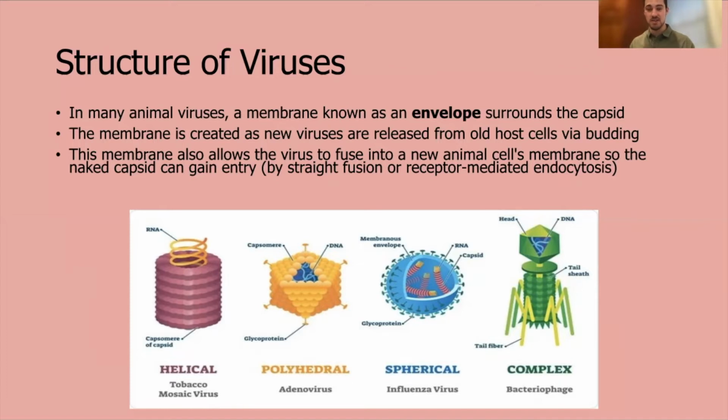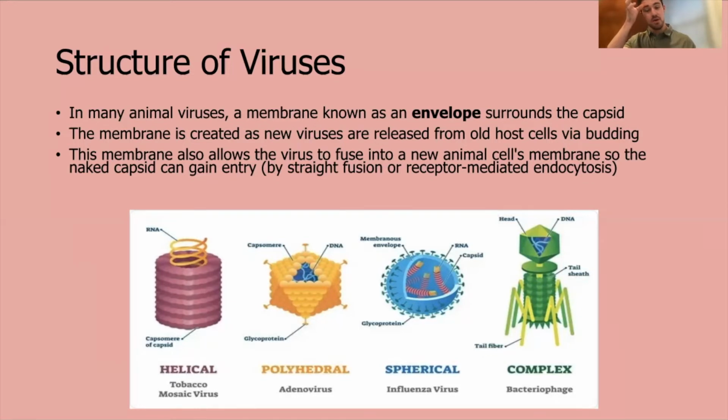So it attaches to this receptor, and then it undergoes receptor-mediated endocytosis. The cell usually does this for things that it needs, like nutrients or food, but the virus is just taking advantage of this natural system. It attaches, and then it's endocytosed.